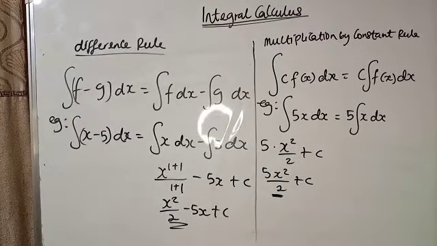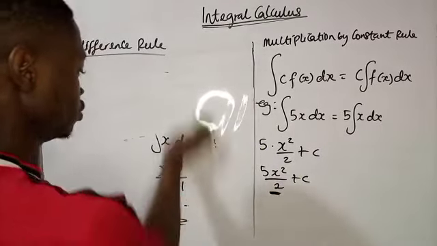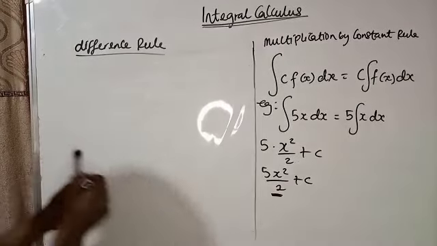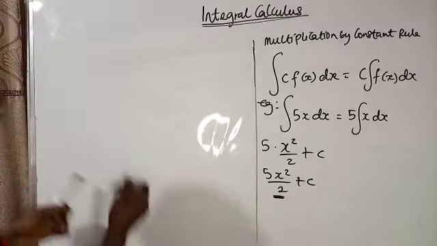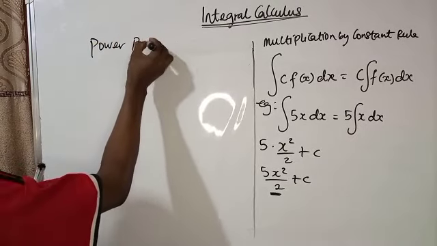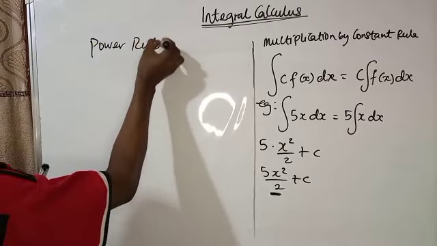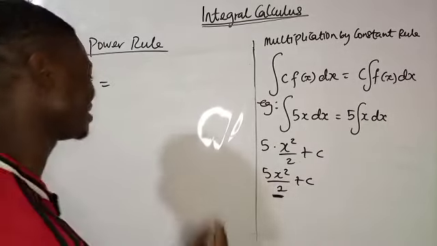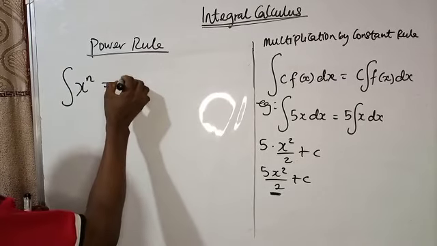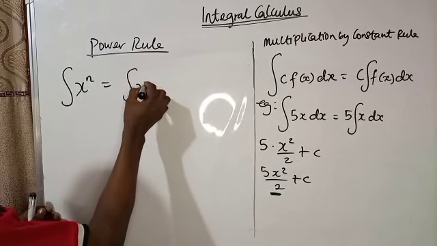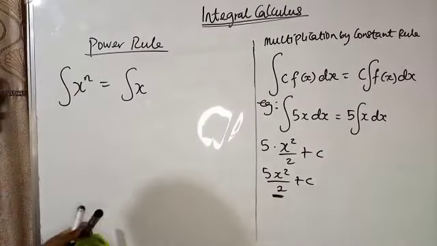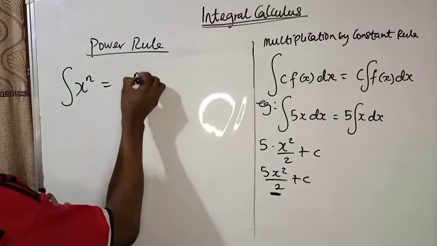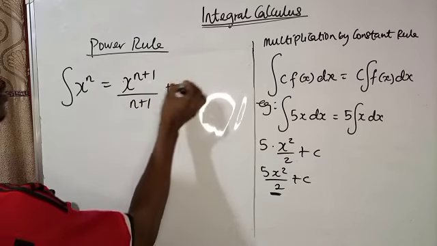Another rule is the power rule. The power rule is telling us that if you have the integral of x raised to the power of n, it will be x raised to the power of n plus 1 all over n plus 1, plus c.